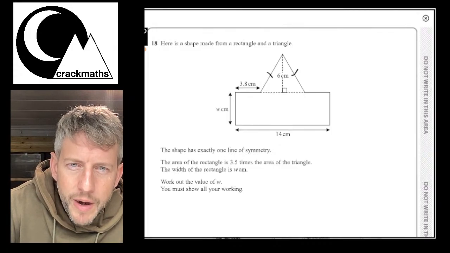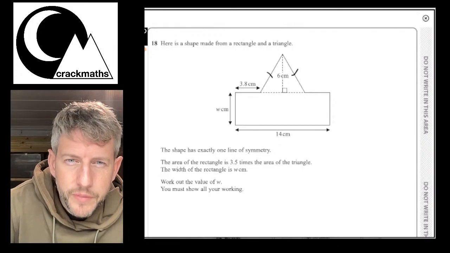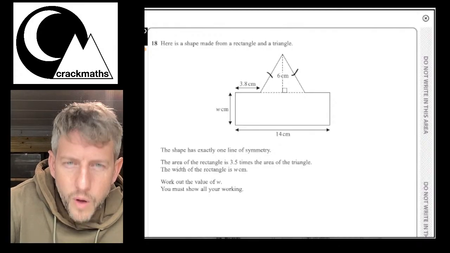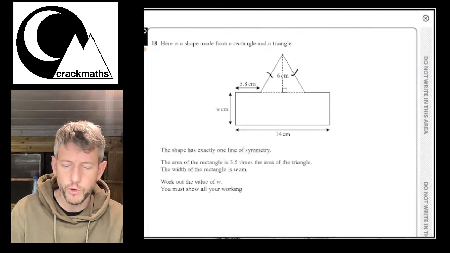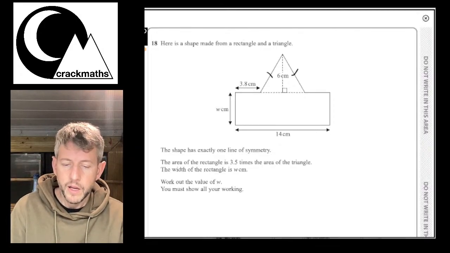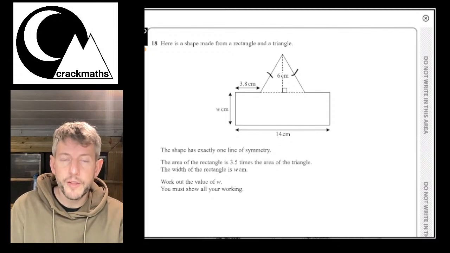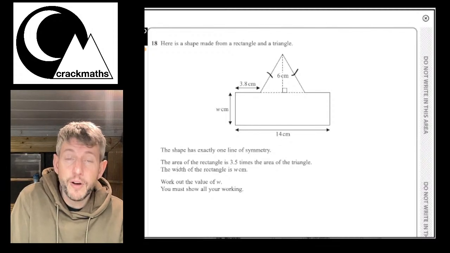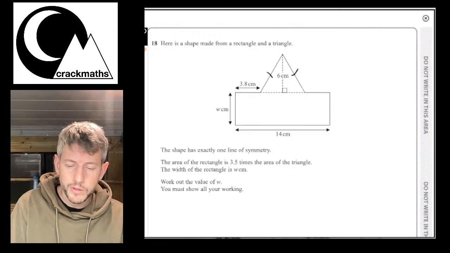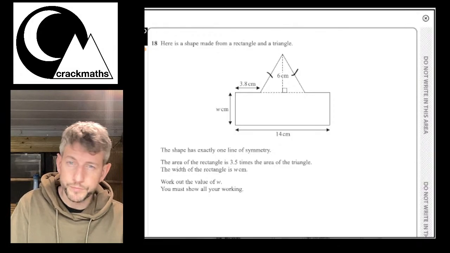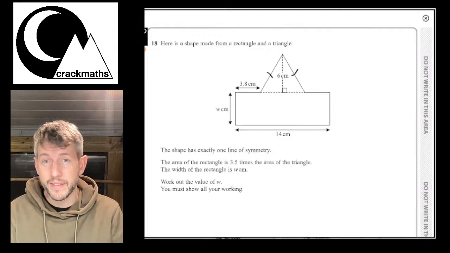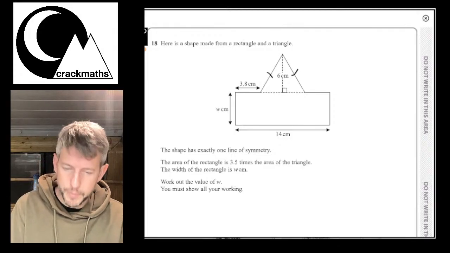The width of the rectangle is W. Work out the value of W. So the first thing we want to do is find the area of the triangle and then times it by 3.5 so that we have the area of the rectangle. Once we've got that, we can worry about finding W.